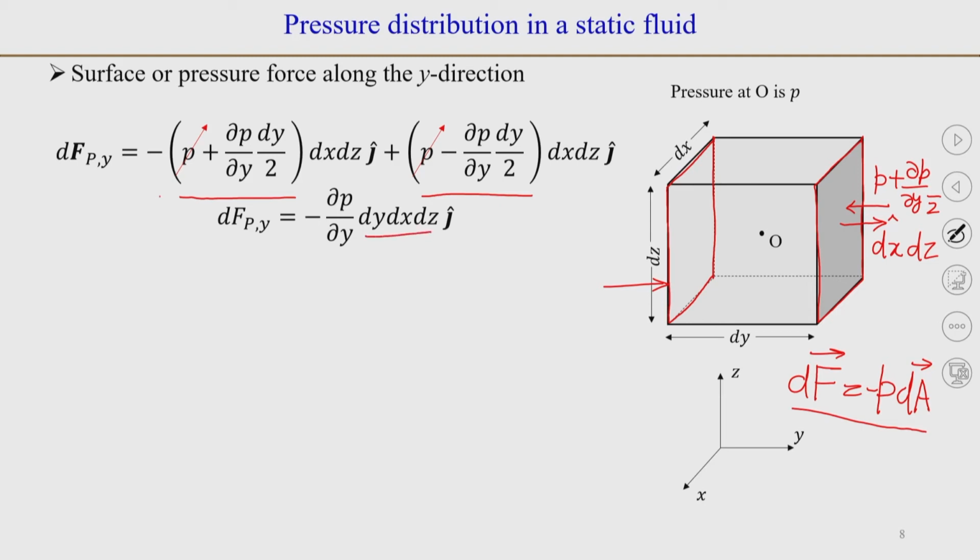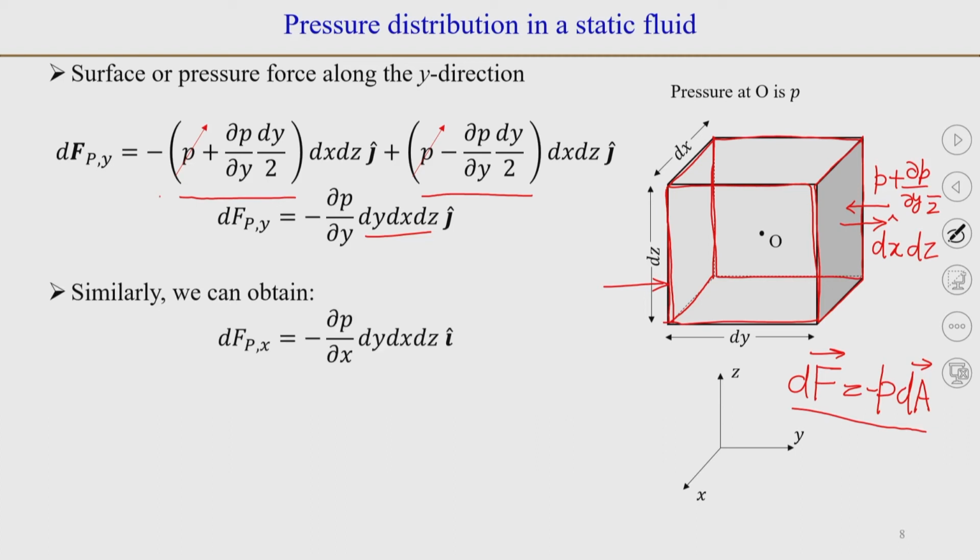If we do the same exercise for the surfaces along the x direction, so if we take this surface and the surface at the back, and when we sum up the terms, then we will get the pressure force along the x direction as minus del P by del x dx dy dz.